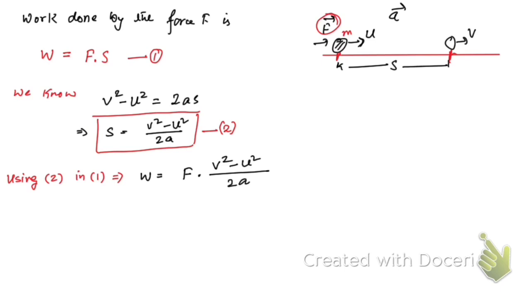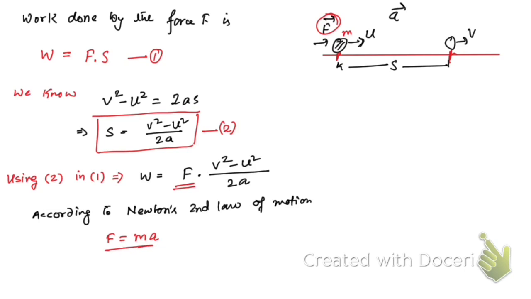Now, according to Newton's second law of motion, we know that F is equal to ma. So now let us replace this F by this result. This is equation number 3, and this is equation number 4.